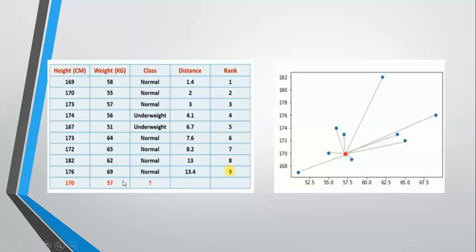So if your problem is classification, you can apply the maximum vote. If you are applying KNN for regression, we can apply the average as a statistical method to find the output. This is the way we can apply KNN for either classification or regression.